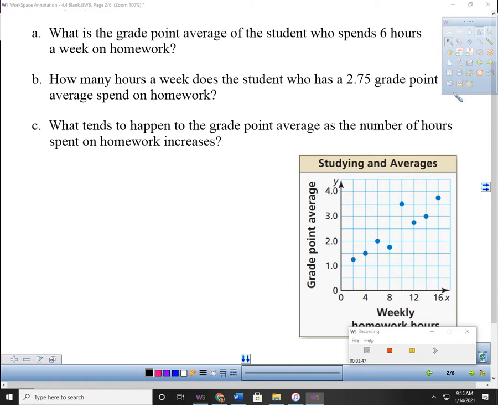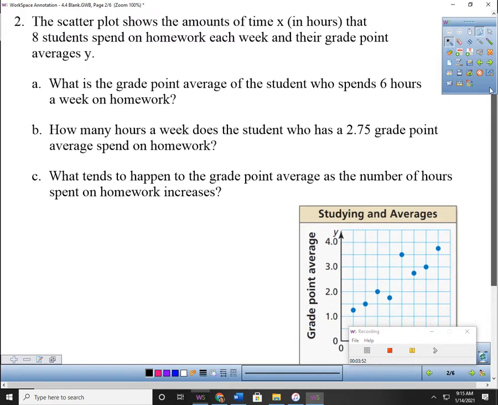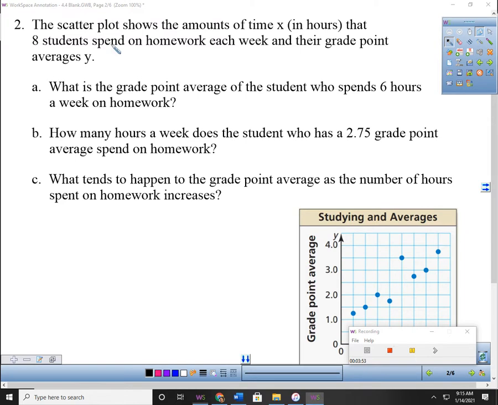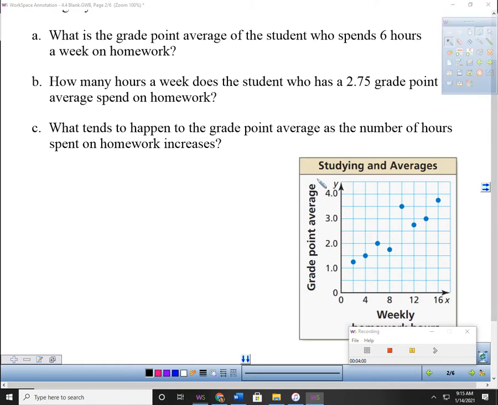I guess I need to read the rest of that. That 8 students spend on homework each week, and then their grade point averages are the Y's. So grade point averages over here, so 1 point, 2 point, 3 point, 4 point, and the in-betweens. All right, so we're counting by halves, right? Half, 1, 1.5, 2, 2.5, 3. That's always a good thing for you to decide in the beginning, what you're counting by.